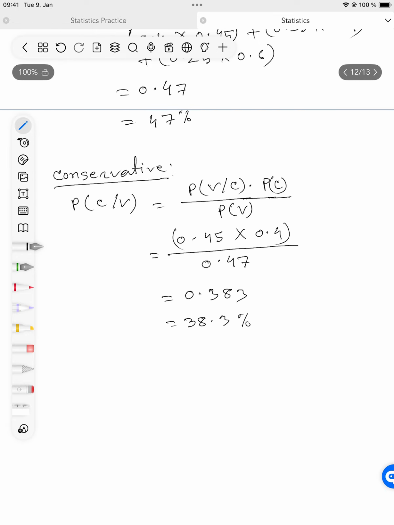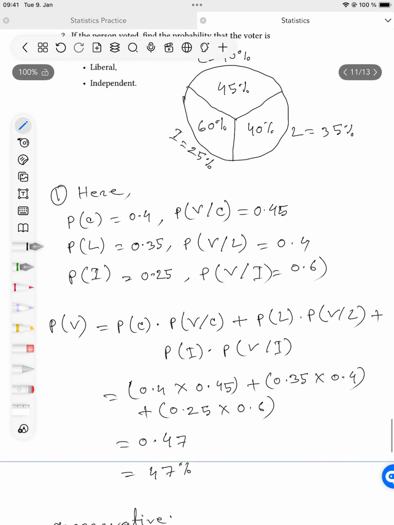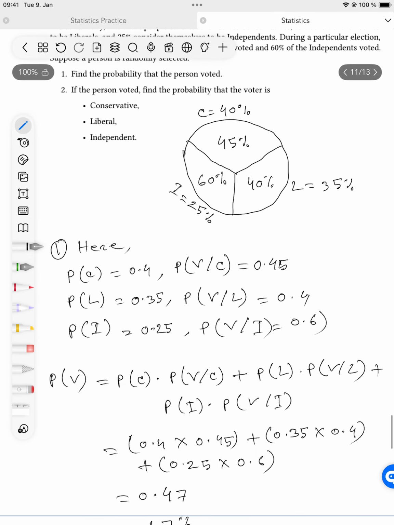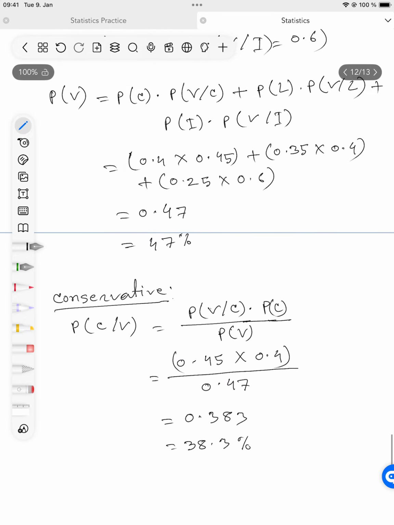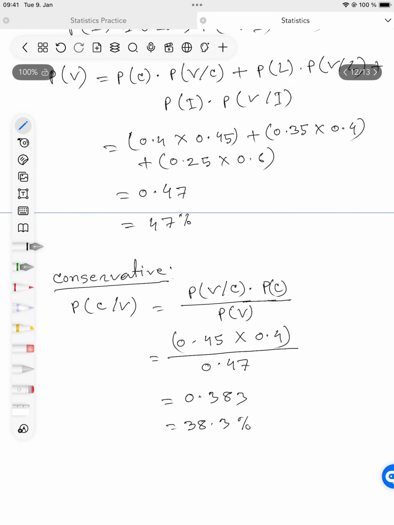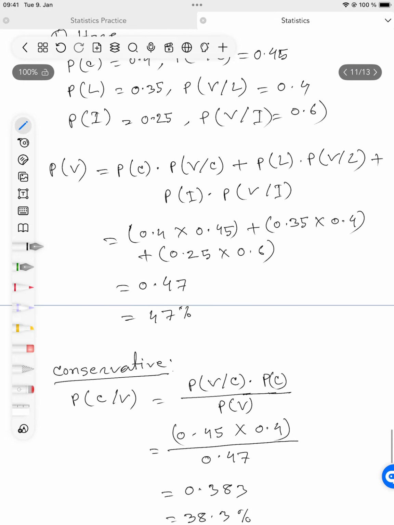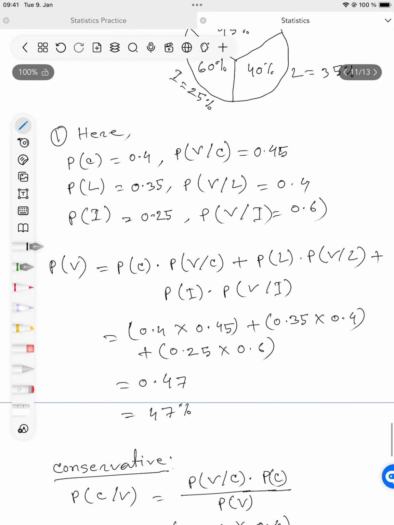For the liberal and independent also, it will be like this. You can just apply this Bayes theorem for those also. So let's see how we can solve this.